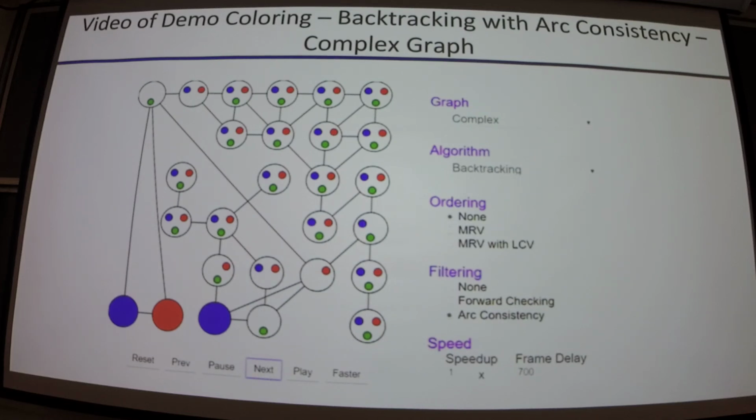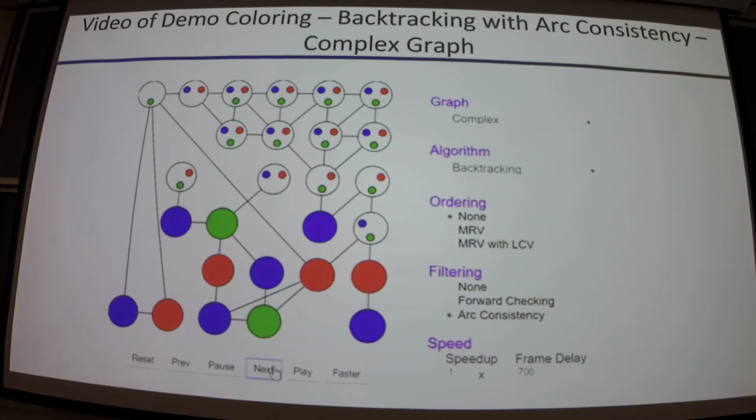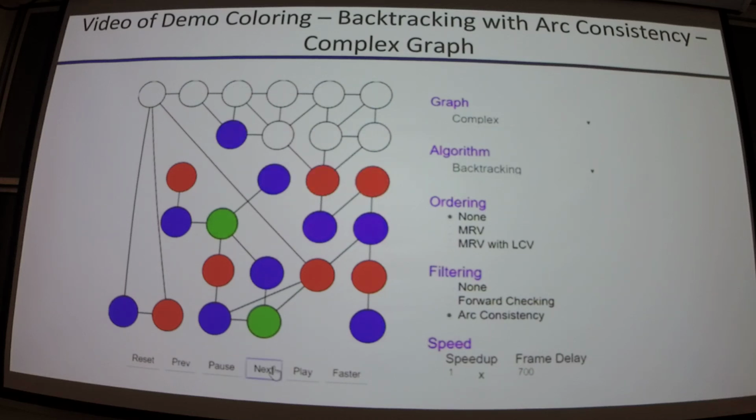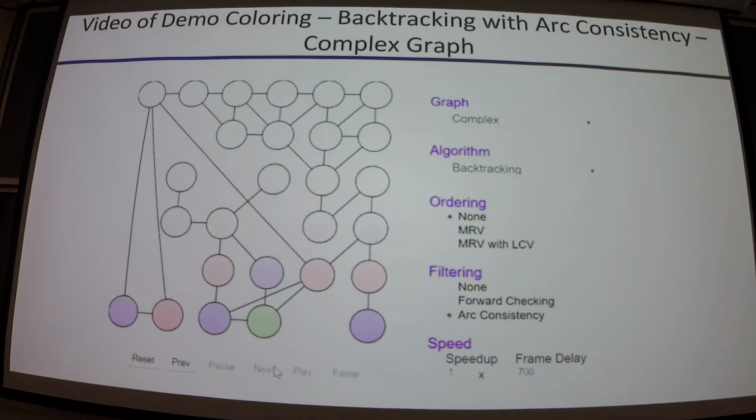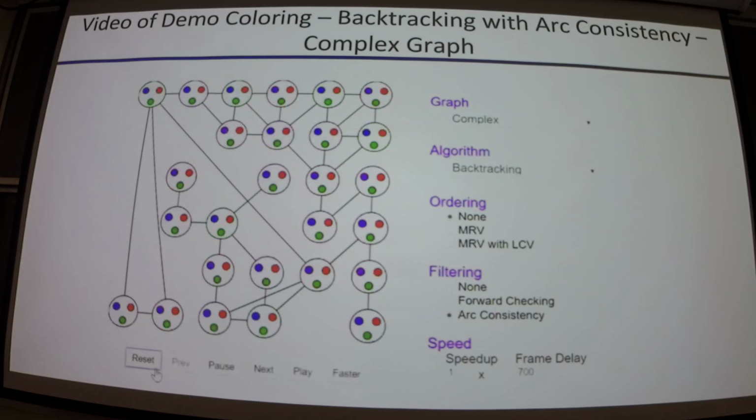So nodes that are 1 removed, 2 removed, even n removed from assigned values have had their domains restricted, right? Okay, then we continue. Is it just going to work? No, not necessarily. But with backtracking, we find a solution, right? Okay, so this is an example of very complex filtering.